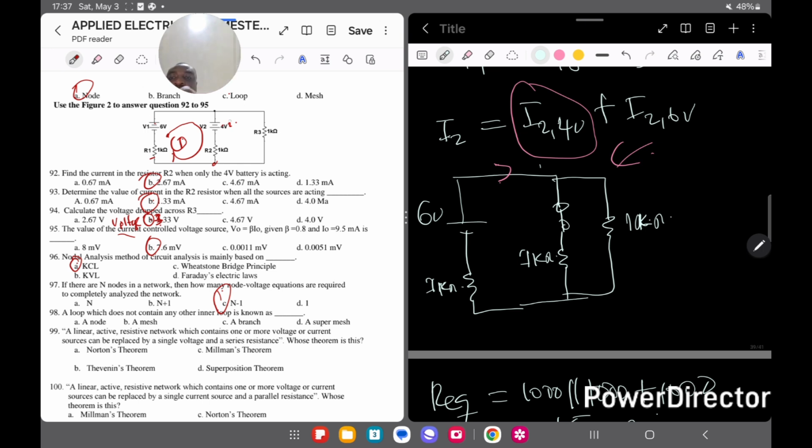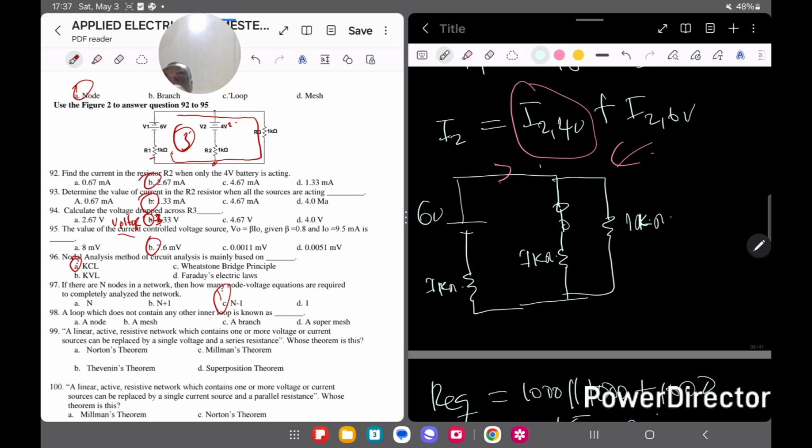Again, if you do the same thing for the second one, loop 2, this one too doesn't contain any other loop. There's no inner loop inside loop 2. Now we can have a third loop, loop 3. Before I do, let me erase these ones. And loop 3 here, you can take it this way.